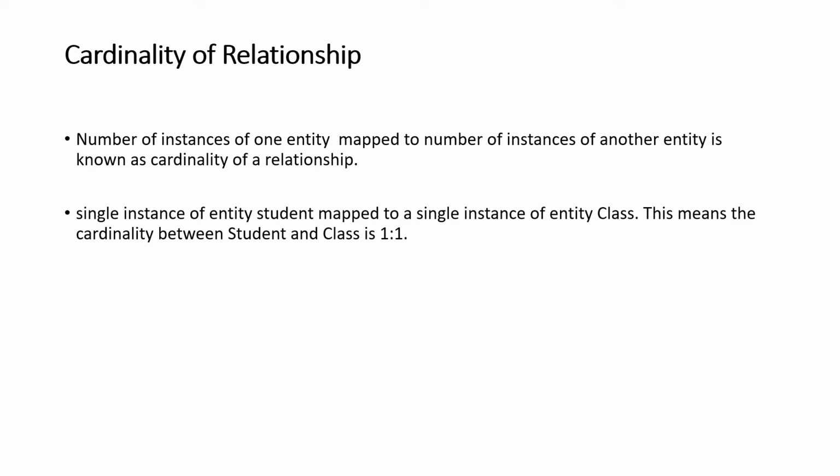Now, cardinality of relationship. Cardinality means number of something. When we see a number of something, it's cardinality. The number of instances of one entity mapped to the number of instances of another entity is known as the cardinality of the relationship.